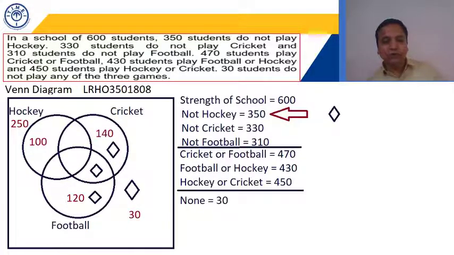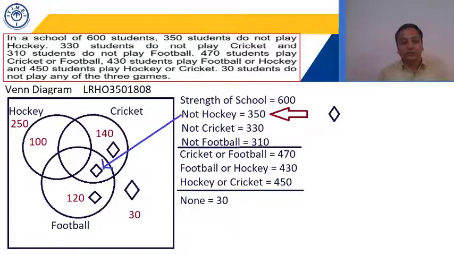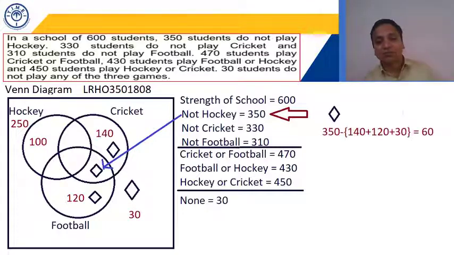What comes in the unknown region? 350 minus (140 plus 120 plus 30). 140 plus 120 is 260, plus 30 is 290. So 350 minus 290 is 60, which comes in the remaining region.